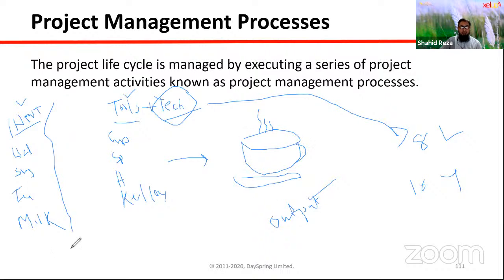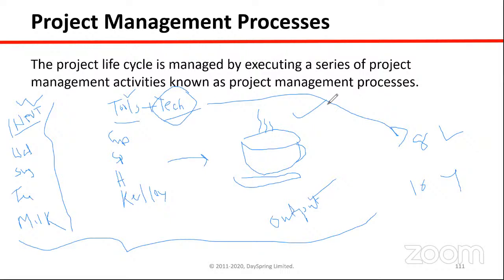So this total thing, what I am explaining here, I am explaining a process. What is the name of the process? Making a cup of tea. So to understand what is process, we are seeing that in a process there are 3 components. One is input, another one is tool and techniques, and third one is output.